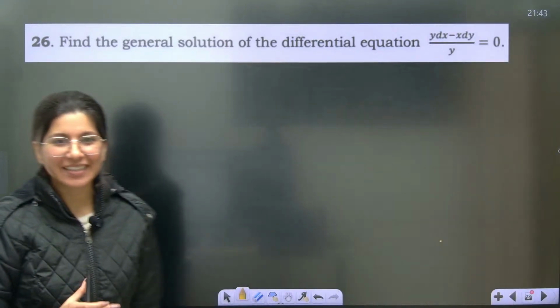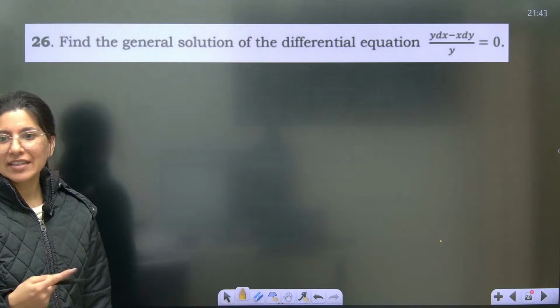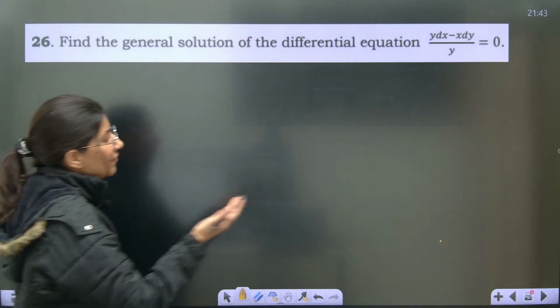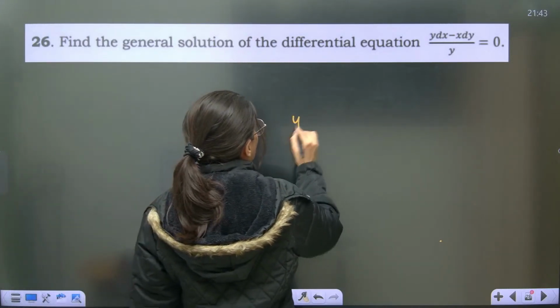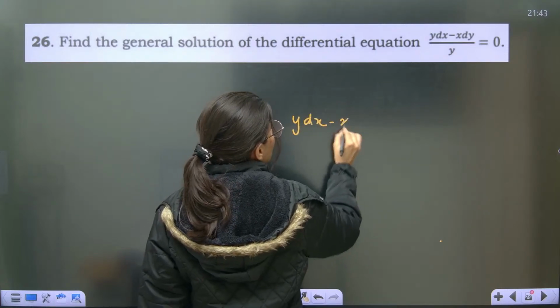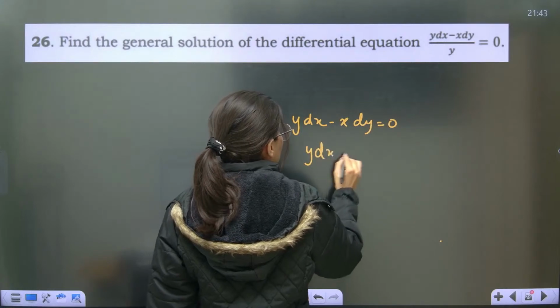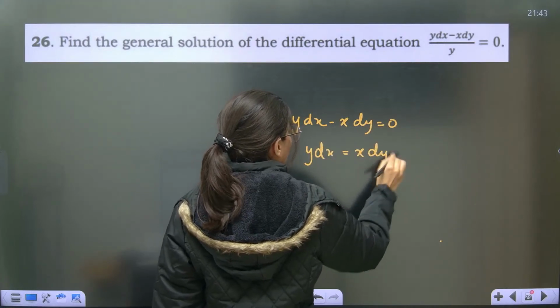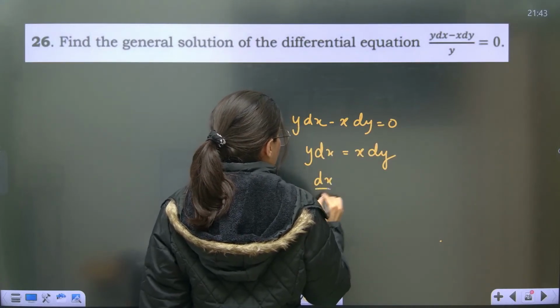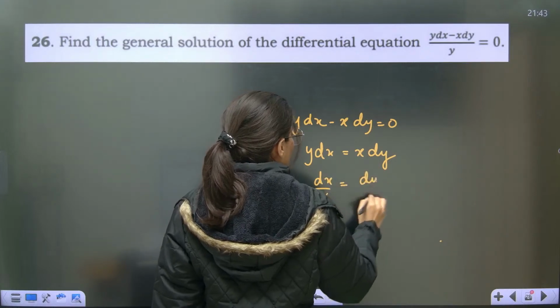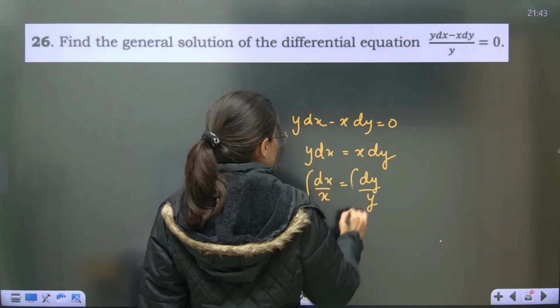I'll try. Okay. Find the general solution of this differential equation. Very easy. See, this denominator y is not even a concern. So y dx equals x dy. Dx upon x is equal to dy upon y. Integrate both sides.